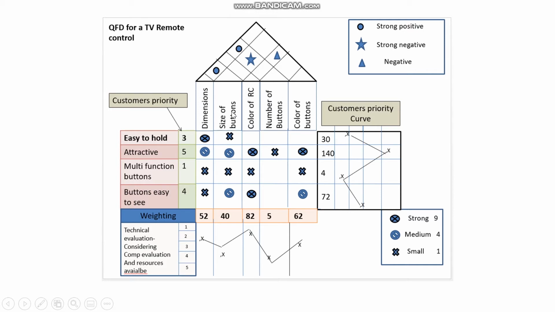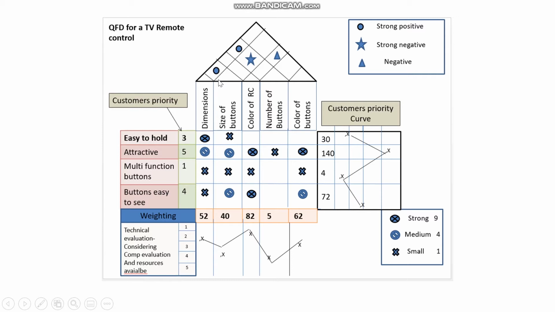Even if you take the size of the button, it has some interrelationship with the color of RC, number of buttons and the color of buttons. You see here the color of RC, it has some relationship. Like this we have to see dimensions, and you have to take in the top direction, then after that you have to see the dimensions and size of the buttons, it has some relationship.